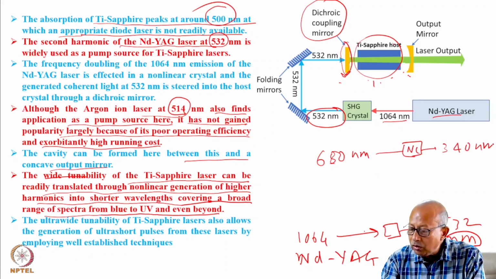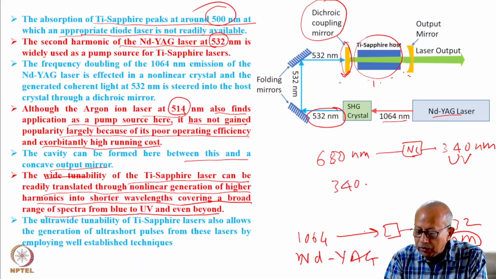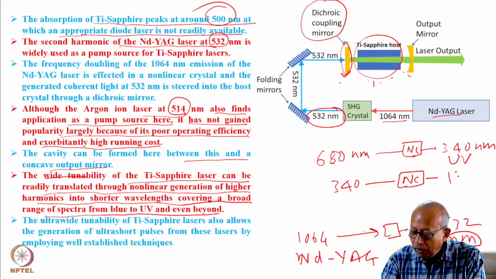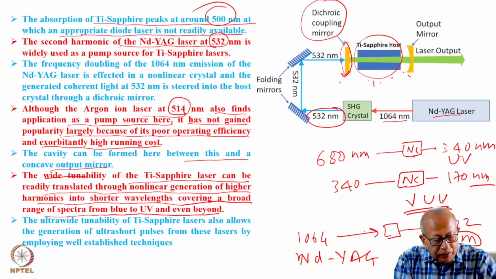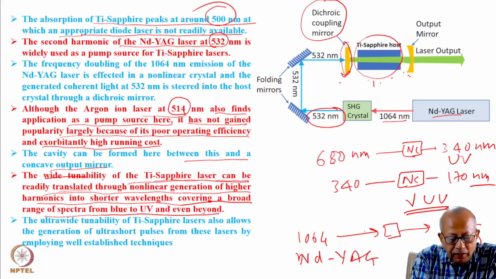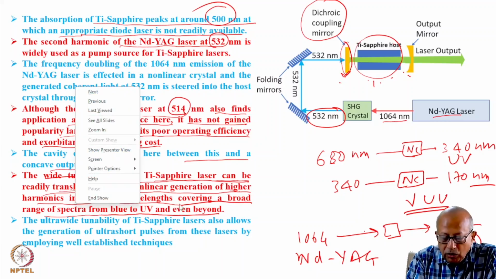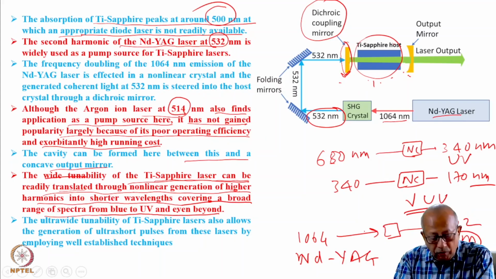It is well into the UV. And 340 nanometer, you again frequency double. You will generate 170 nanometer, which is almost the vacuum ultraviolet region. So that's how the wide tunability of the titanium sapphire laser can be readily translated through nonlinear generation of higher harmonics into shorter wavelengths, covering a broad range of spectrum from blue to ultraviolet and well beyond.